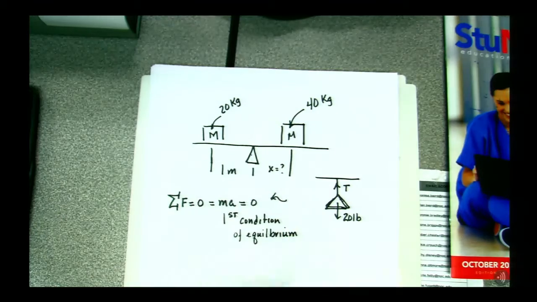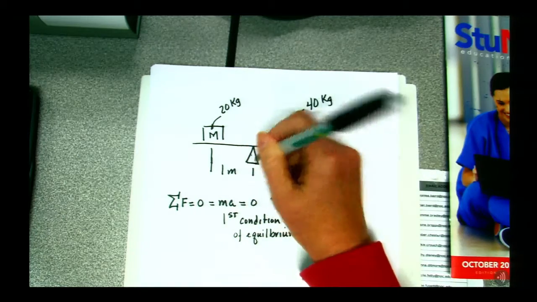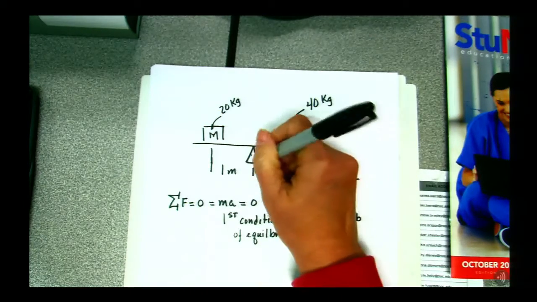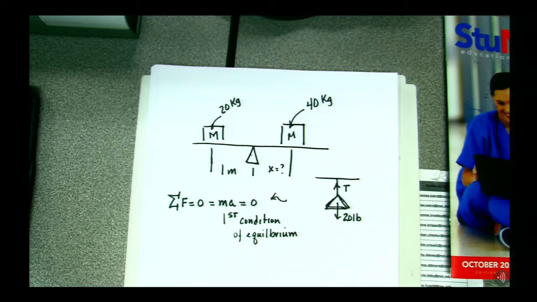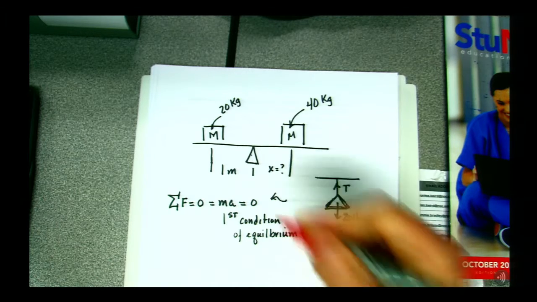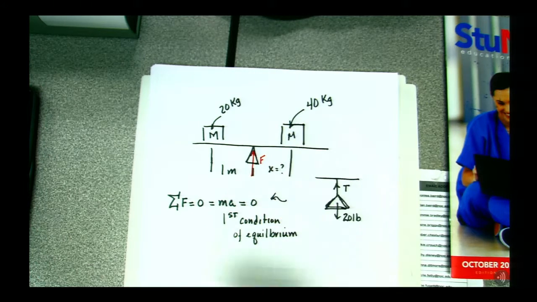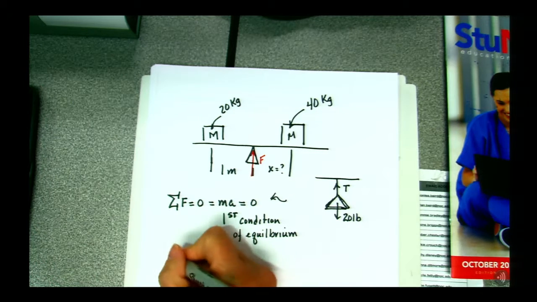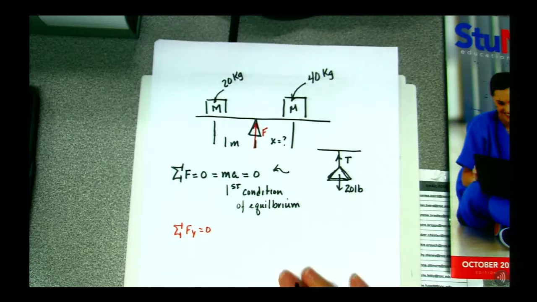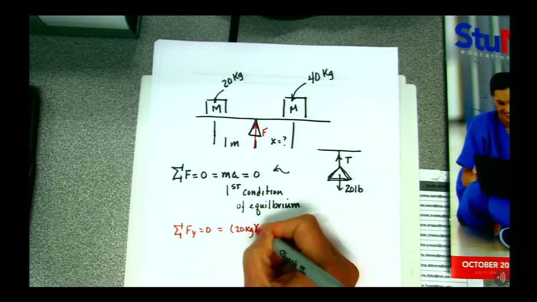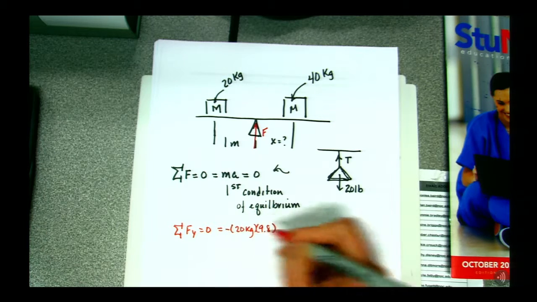Now the fun part is we can do the same thing here. If we know that that's 40 kilograms and that's 20 kilograms, we could actually ask the question, what's the force being applied at the pivot point? Well, that's easy, because we can do the summation of forces in the y direction. So we have 20 kilograms times gravity, 9.8, going in the negative direction.